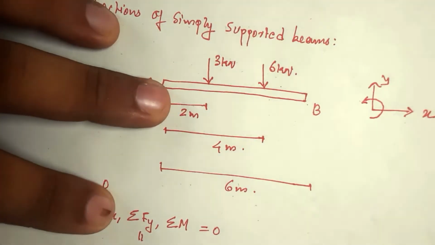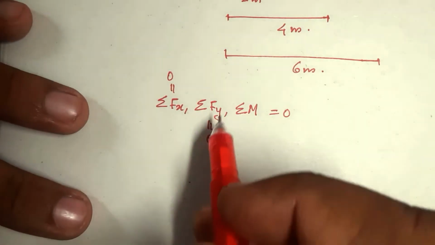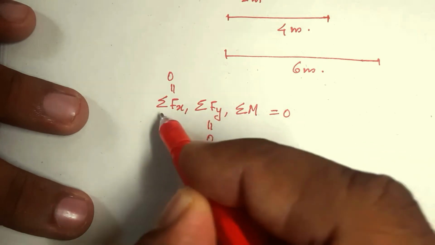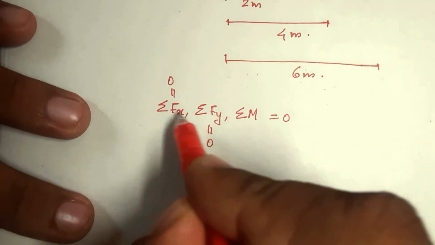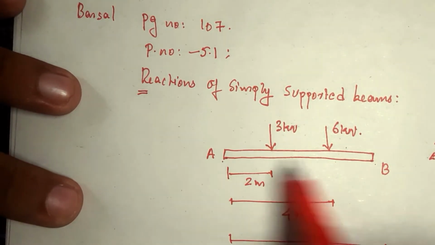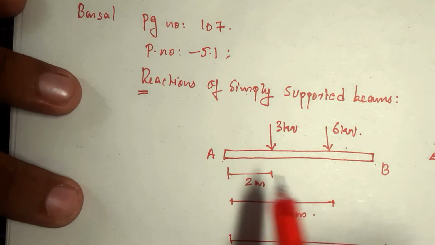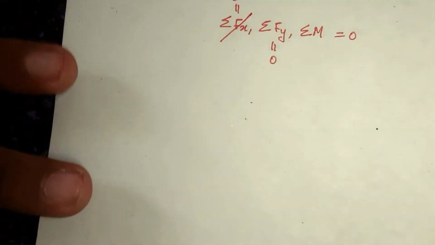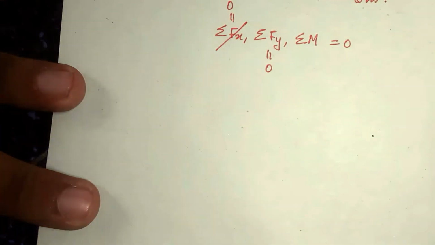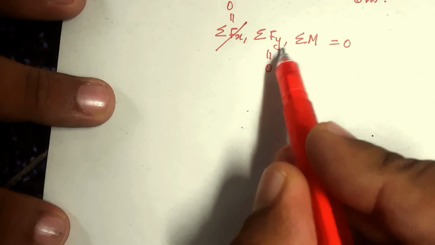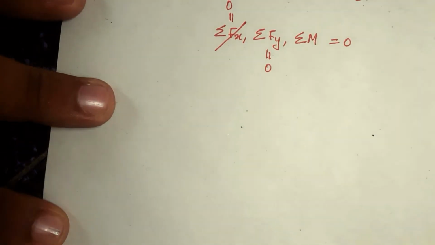So in this problem, there is no force acting in x direction. So we don't have to use this formula. We cut it out. Also, we have to use sigma Fy equal to 0, sigma M equal to 0.